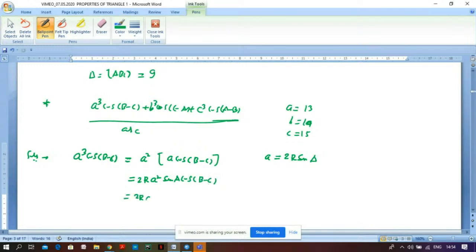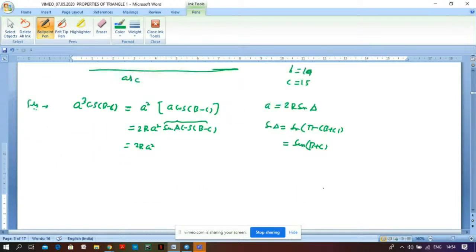To bring symmetry into play, so directly don't deal with sine a cos b minus c, better write sine of a as sine of pi minus b plus c, and so sine of pi minus theta is sine of theta, and so that equals sine of b plus c. In exam you should be able to do it very fast.